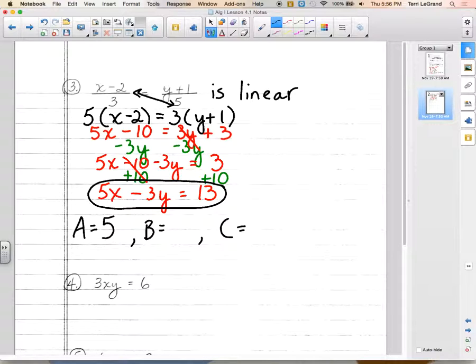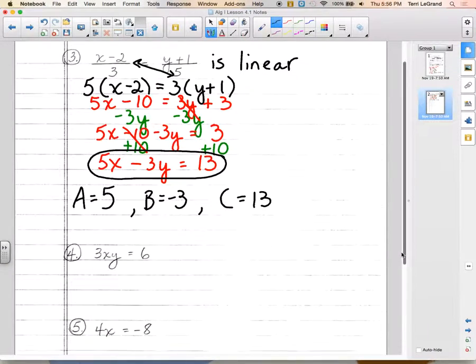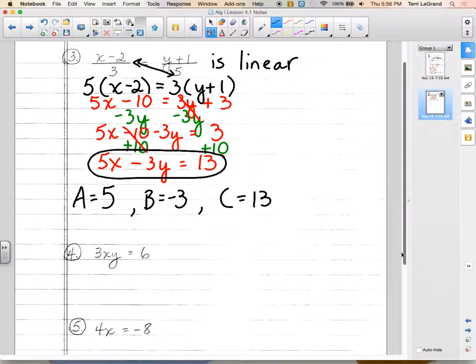If we changed it to add the opposite, it would be plus a negative 3y, so B is negative 3. And C is 13. So another linear equation, just renamed in standard form. Same equation, just a different name for it.